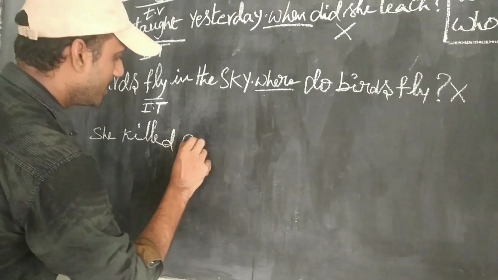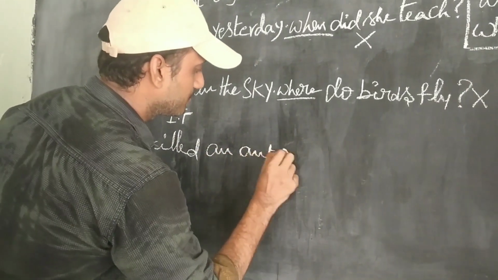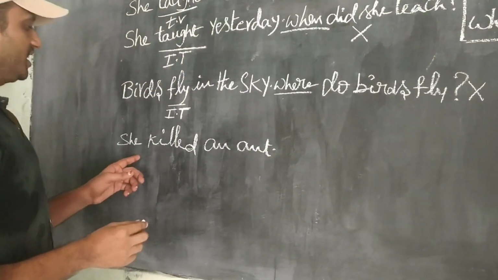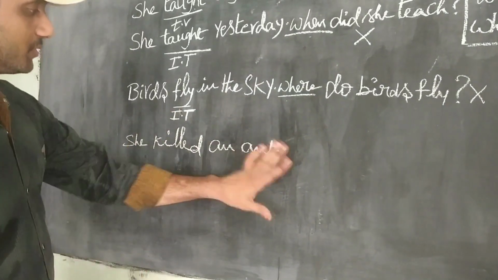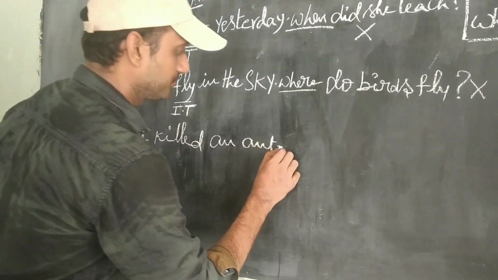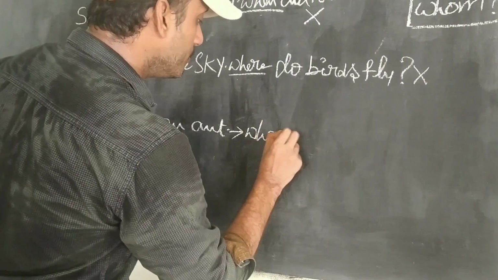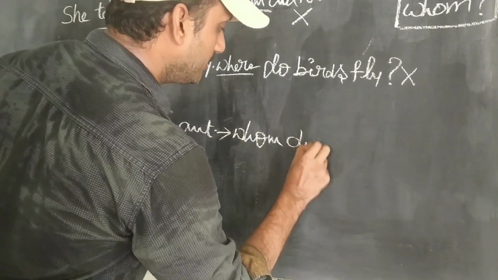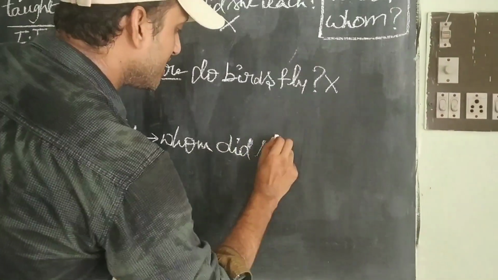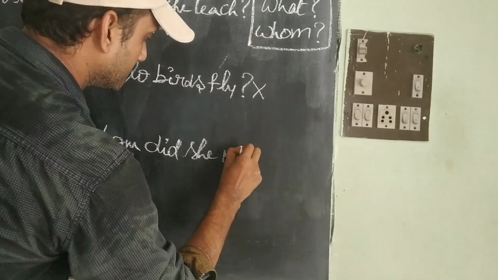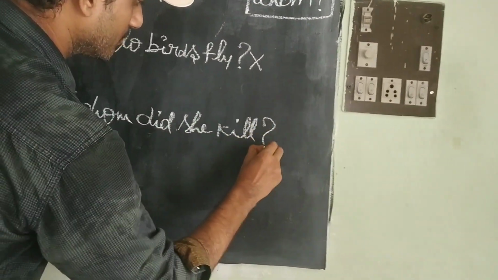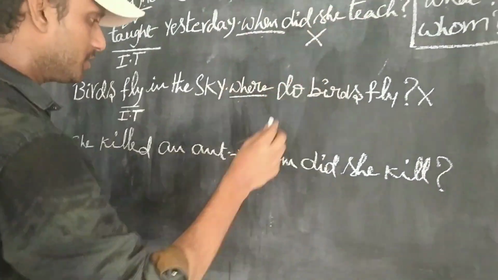Let me tell you another example. She killed an ant. We have to change this sentence into a question. Whom did she kill? Observe carefully, what or whom.